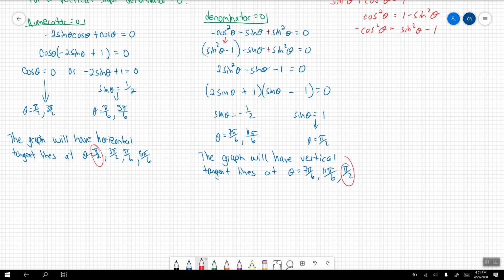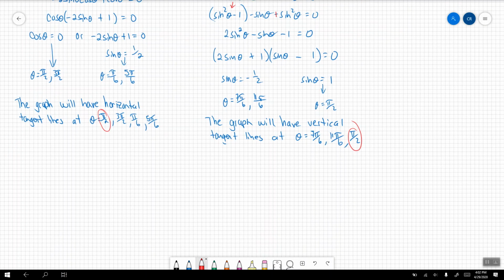That is the issue. So we now need to alleviate that issue. We need to see what's happening here. Are we going to be producing some horizontal tangent, or some vertical tangent? We don't know, so we need to investigate.